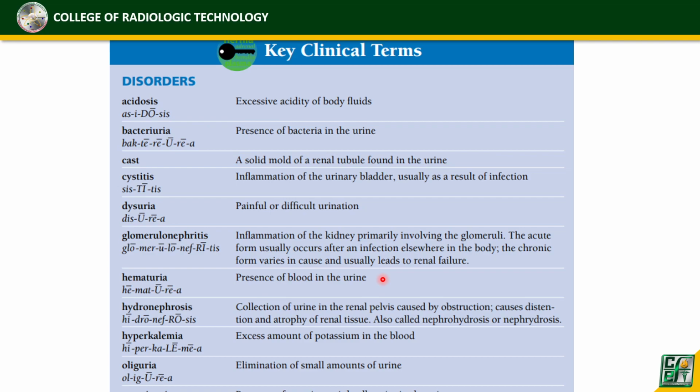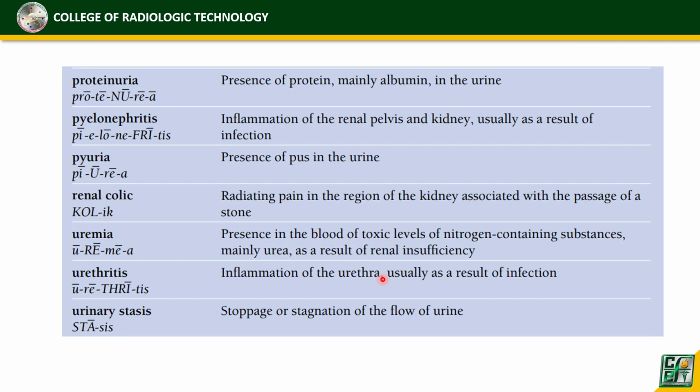Oliguria, elimination of small amount of urine. So oligo means scanty or few. Then proteinuria, presence of protein in the urine. And pyelonephritis, inflammation of the renal pelvis and kidney.